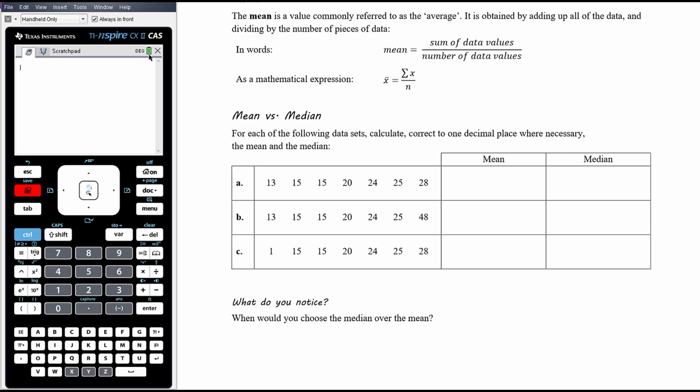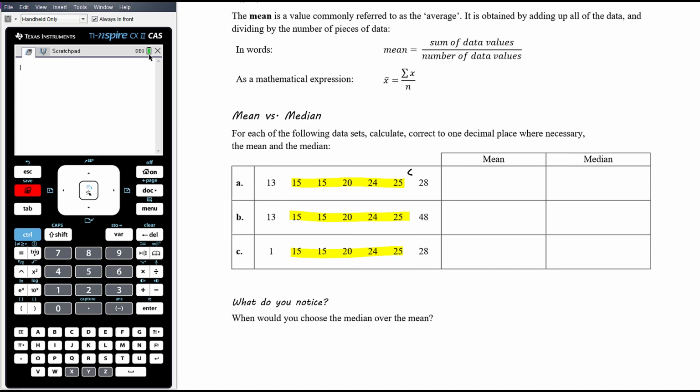So here I've got 3 data sets, and for each of those data sets I want to calculate the mean and the median. What I want to be clear about is that all 3 data sets have the same central values. All I'm changing from one data set to the other: in the first data set, 13 and 28 are both reasonably close to the next value.